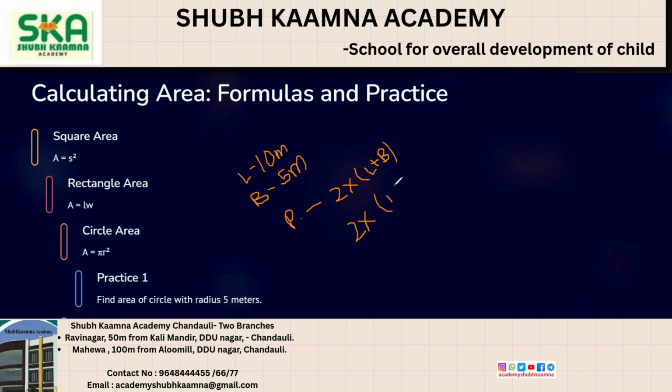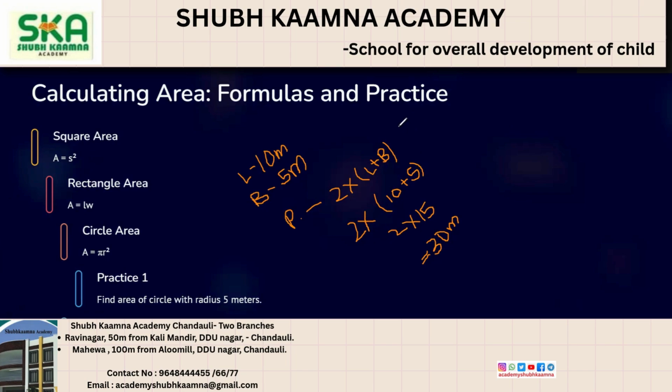So 10 plus 5. 10 plus 5 is 15. So 15 into 2, it would be 30. Answer would be 30 meters. So this is how we'll find out the perimeter.